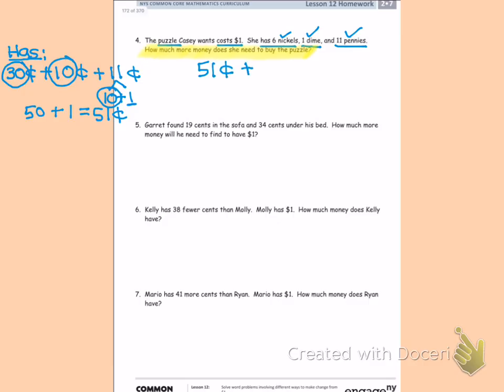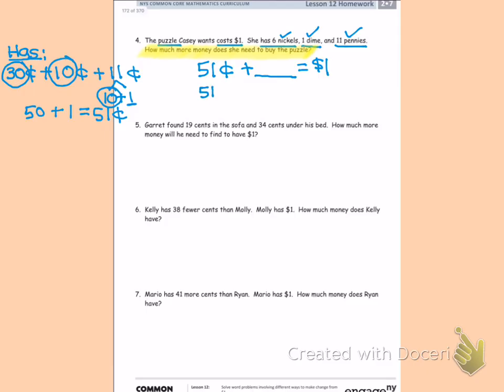She needs some more before she'll have $1. In order to determine how much more she needs in order to have enough money to buy the puzzle, I will go ahead and use the arrow method or the arrow way.